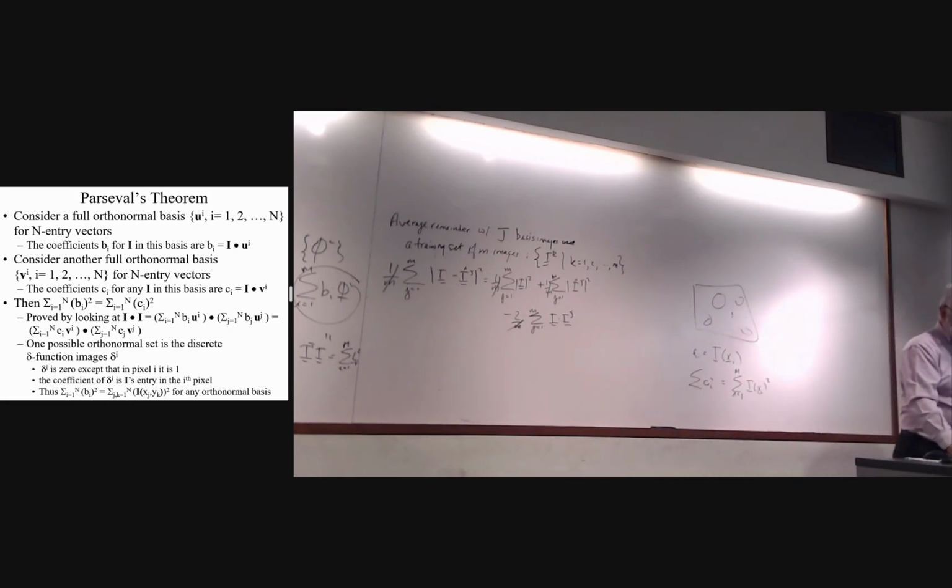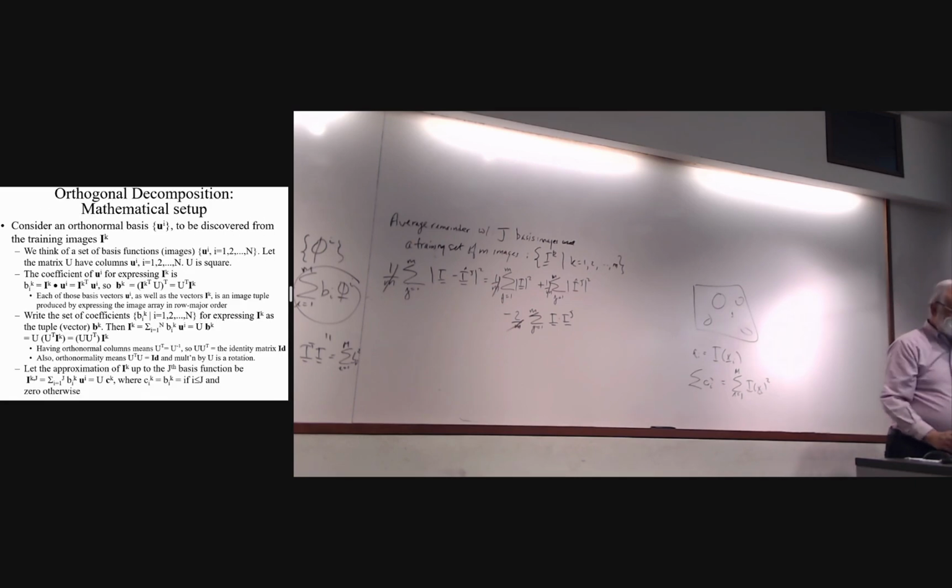And this is Parseval's theorem, which I told you: no matter what set of basis images, you still have the same budget for the sum of the squares of the coefficients of any image in that basis. And in particular, that is the sum of the squares of the original image's pixel values.